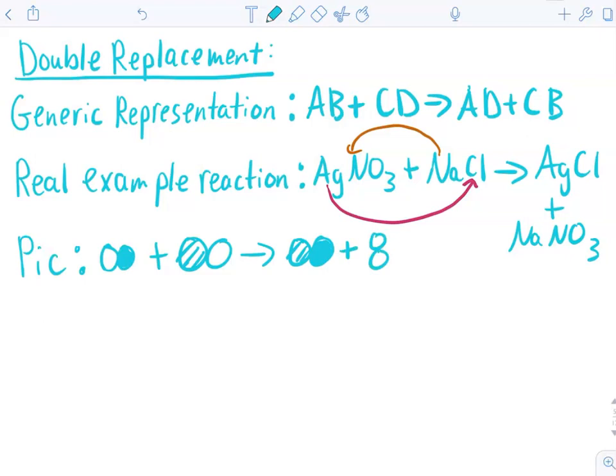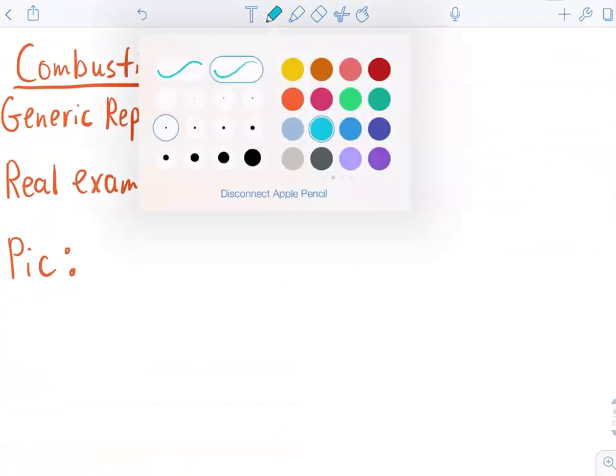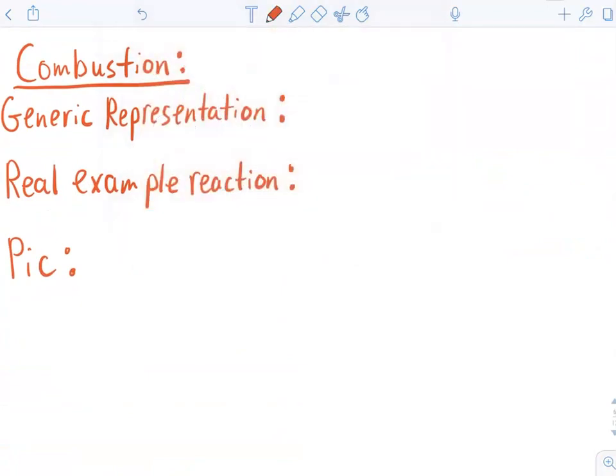Okay, and then our next type of reaction is going to be a combustion reaction. And combustion is going to be a little bit different than our other ones in that it's CxHy plus O2 gives us CO2 plus H2O.